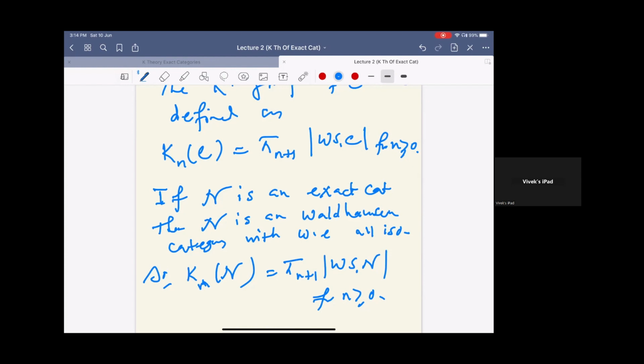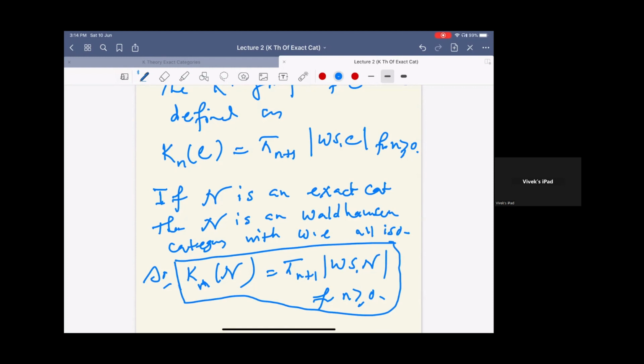So Grayson has a new idea, recently in 2012. What Grayson did, Grayson defined K groups totally algebraically. Okay. So in today's talk I will first recall Grayson's algebraic description of K groups. This is a totally homotopy theoretic definition of K groups, and Grayson has an alternate approach to define K groups algebraically.